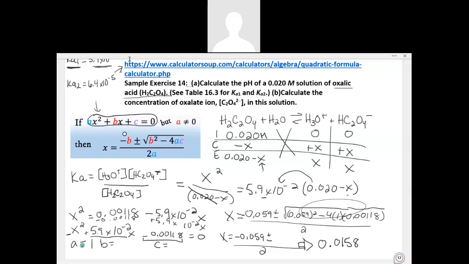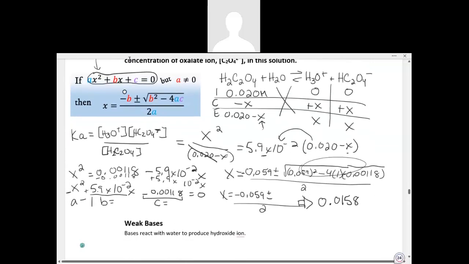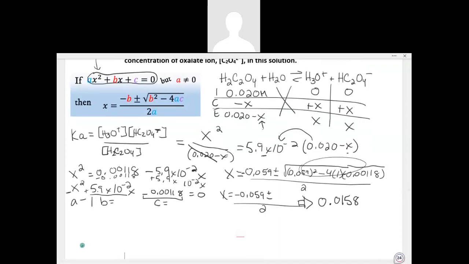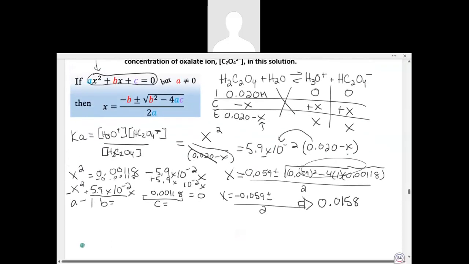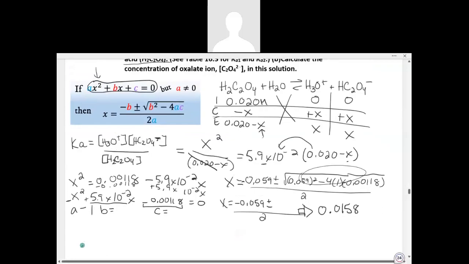We're going to create our second ICE table, and we're going to start with this value here. So let me clear us some space. All right, so now our second ICE table, we're going to start with our product as our reactant instead.